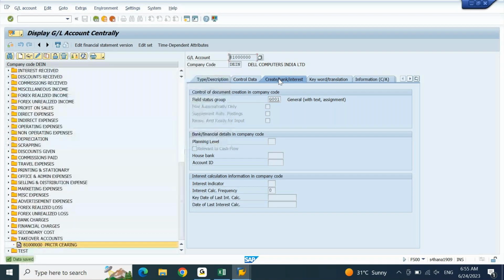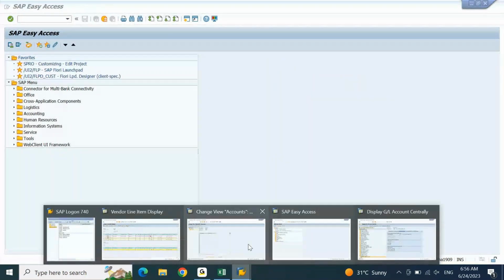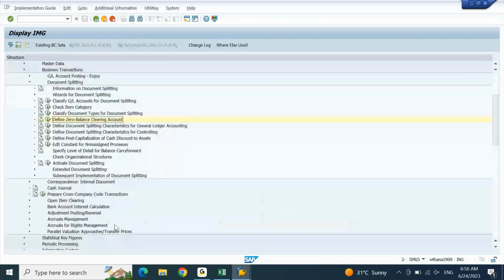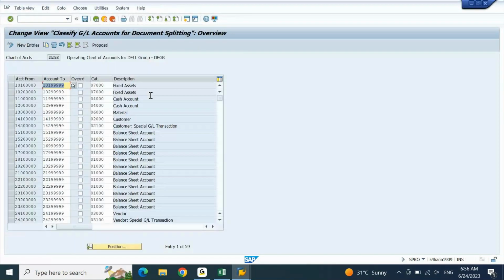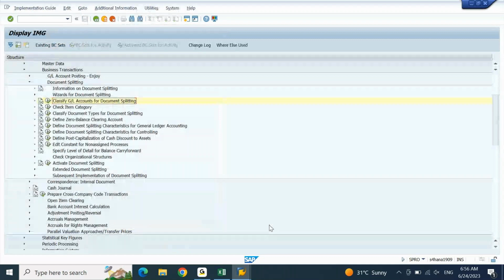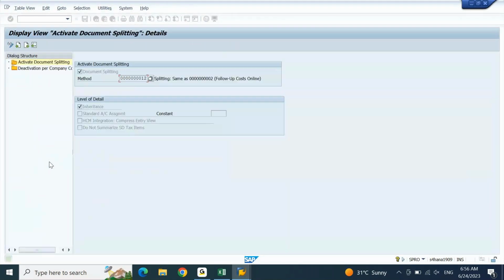We need to make sure for this GL number range, 8 series, whether classified GL account is completed or not. Eight series, we have completed this. Let me make sure this is activated. Okay, this is in active mode.